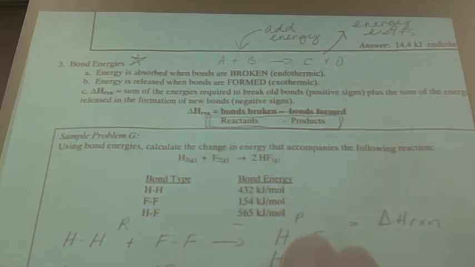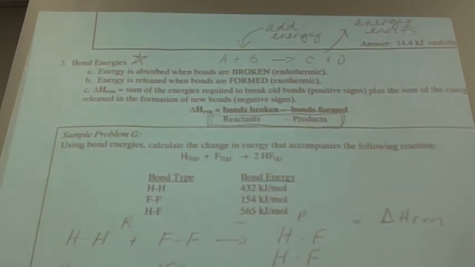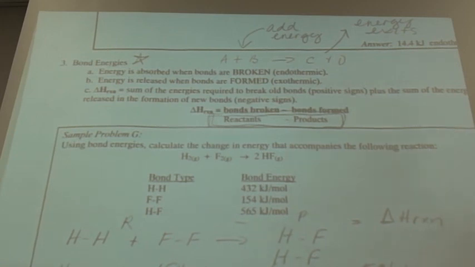There are 2 of them. So, 432 plus 154 minus 2 times 565 is... 544 kilojoules per mole. Negative 544. Yep.